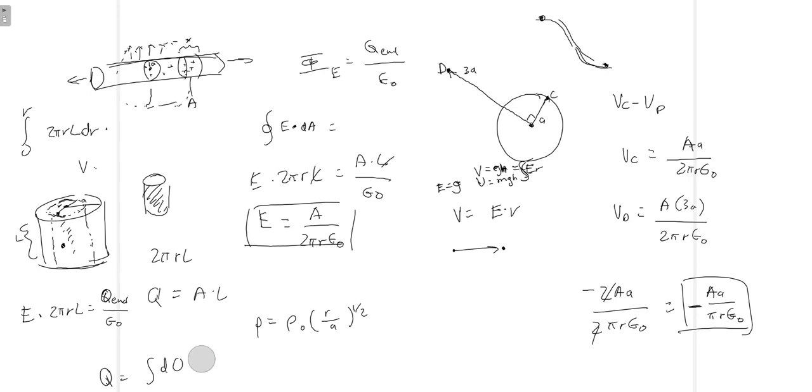I can say this is dq. I can split up all these charges with different volume charges, each one in like a concentric circle, and to do that it's just 0 to r, times the charge density at each unit.